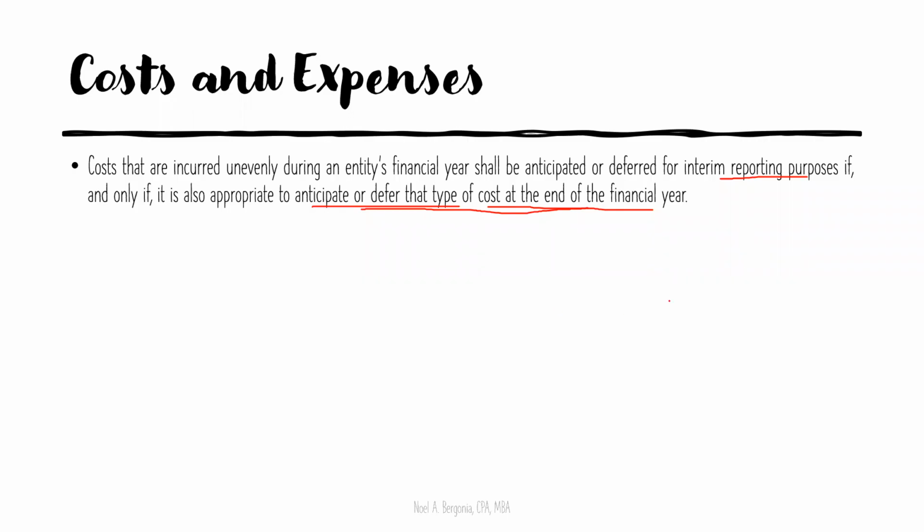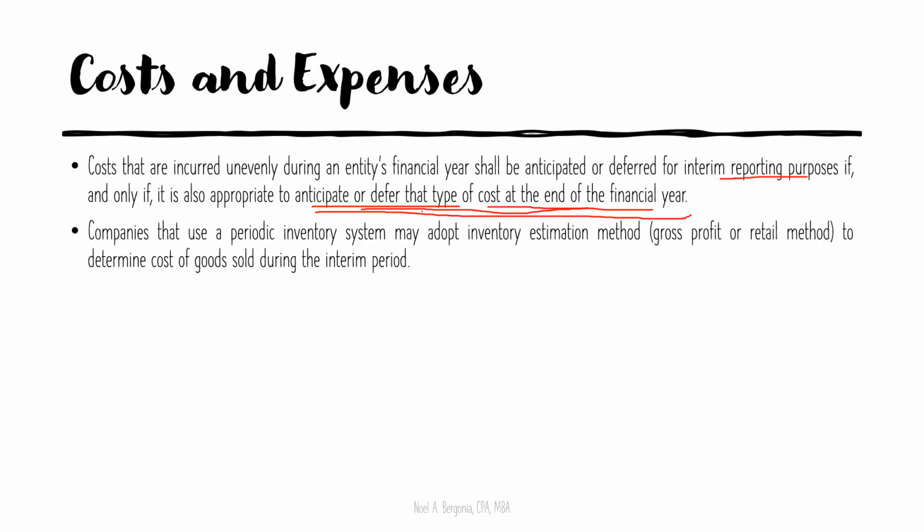So we paid for it. Okay, but ayun po, no, take note that again, these expenditures, okay, need to be anticipated or deferred in the annual reporting so that they could be anticipated in the interim. Pag hindi po siya in-anticipate in the annual, then most likely it should not also be anticipated in the interim reporting. Okay?